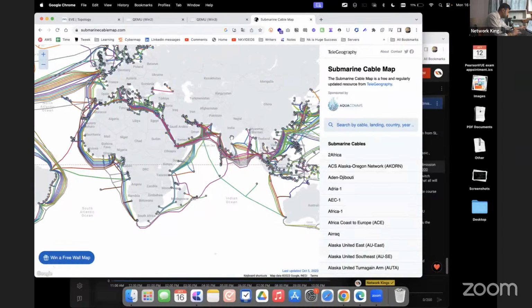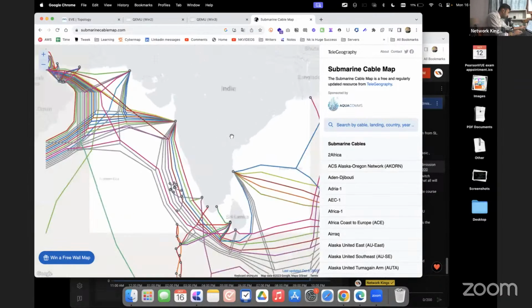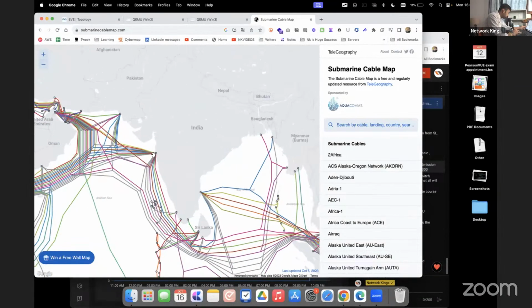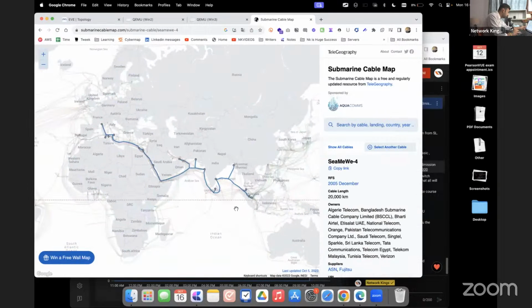You can see if I zoom in on my country, I'm in India, there are a lot of submarine cables. If anybody wants to learn about these cables, you just have to click on a single cable. Now you can see this is the biggest cable, 20,000 kilometers. Who are the owners?